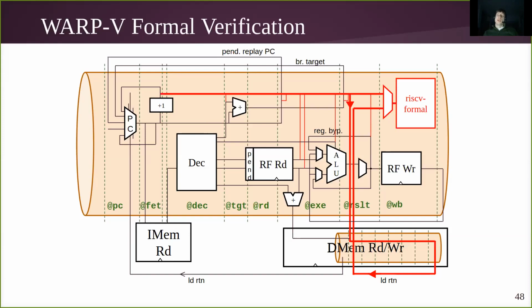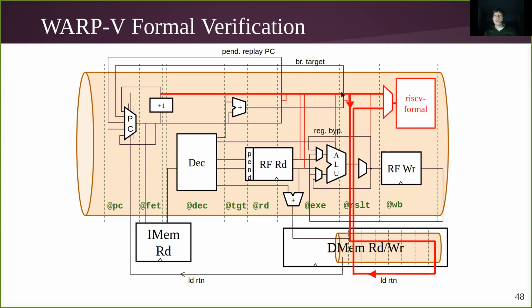So transaction level Verilog, and transaction flow is very important, as well as timing abstraction, to help us create this test harness. By test harness, I mean everything in red except for RISC-V formal. So that's all of the connections to the various fields of the instructions throughout the pipeline, gathering them up and presenting them to the checking. And then for transaction flow, we could take two different approaches.